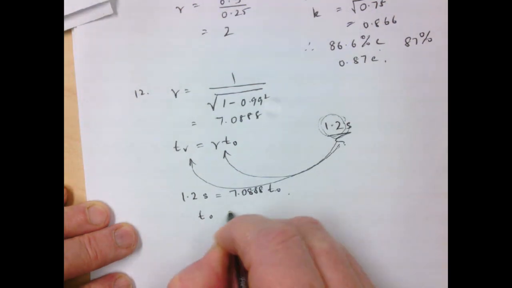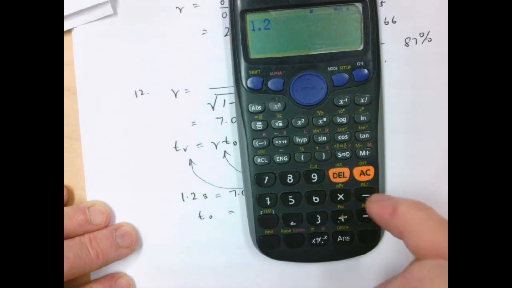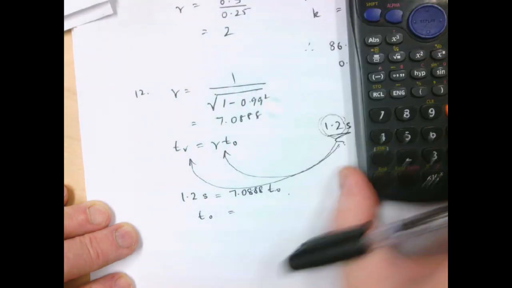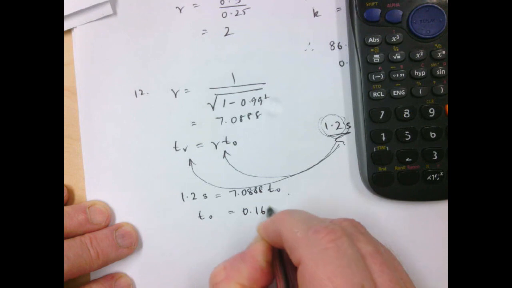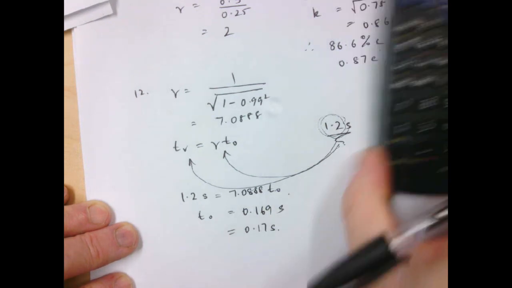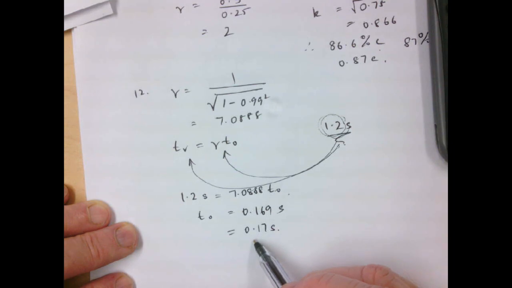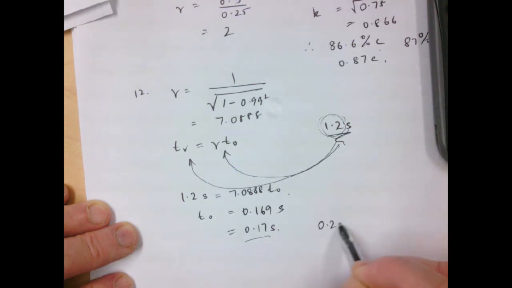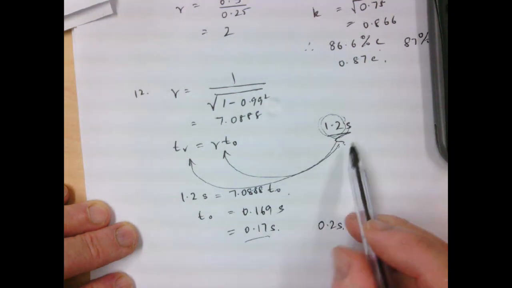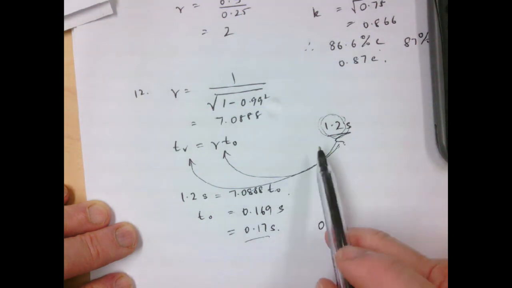Therefore, T naught would equal 1.2 divided by the gamma factor, which is 0.169 seconds or 0.17 seconds. Okay, so on the craft, they would see that they've passed behind Jupiter in nearly 0.2 seconds, but we observe 1.2 seconds.